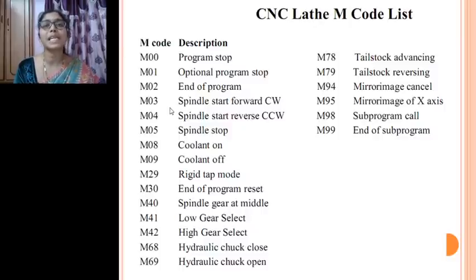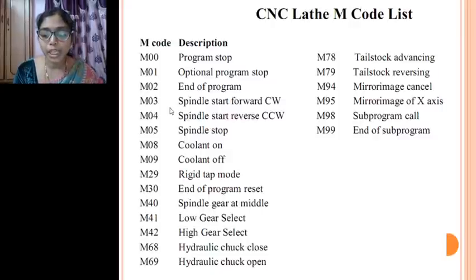G codes tell about how the tool has to move, where it has to move, and in which path. Whereas M codes tell about miscellaneous things, that is, when the spindle has to start or stop, whether the coolant has to be on or off, whether the program is on or has to be stopped.